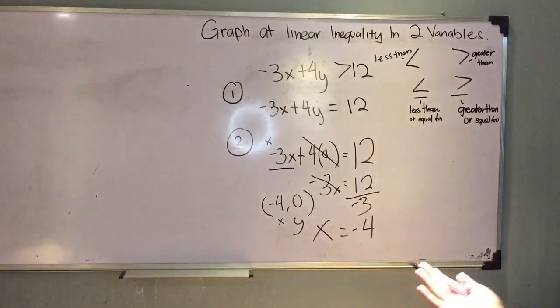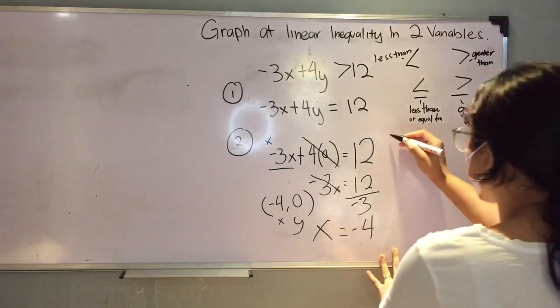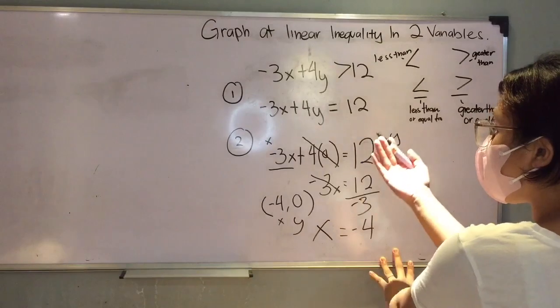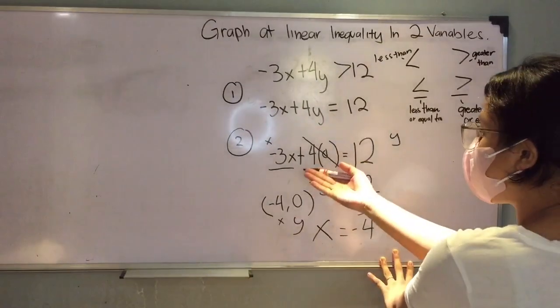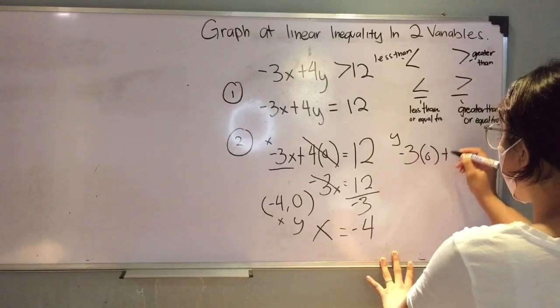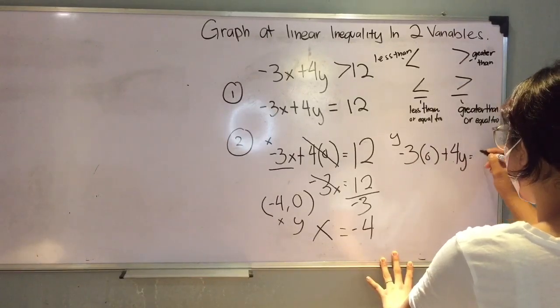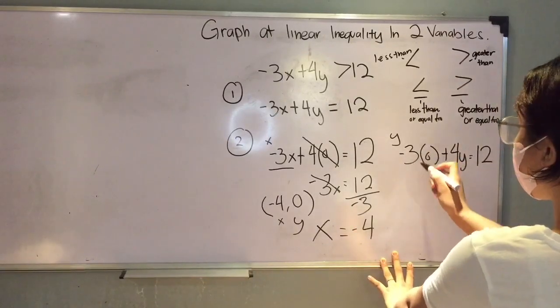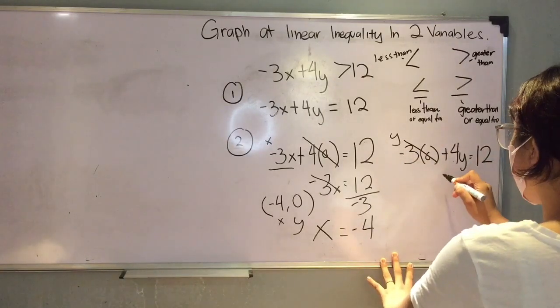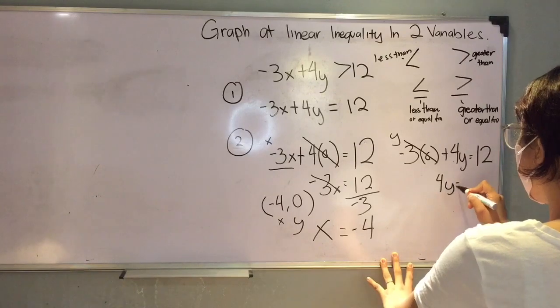Then now we'll be solving for our y. We will do the same process, but instead of y being 0, our x will be 0. So negative 3 times 0 plus 4y equals 12. We cancel: negative 3 times 0 is 0. So all we have left is 4y equals 12.